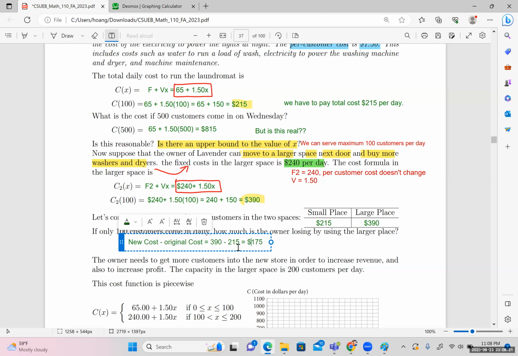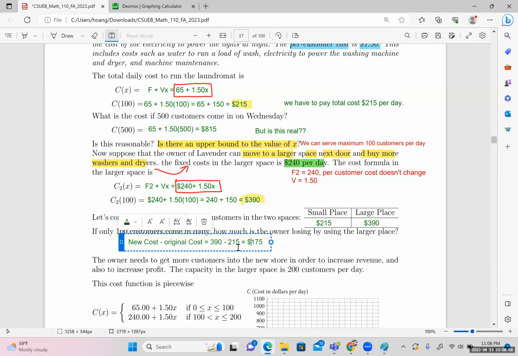So it means that if you decide to extend your business, you should make sure that more than 100 people are coming.